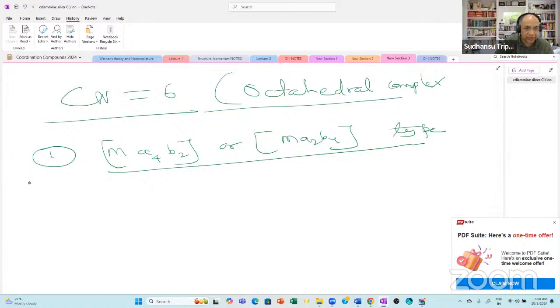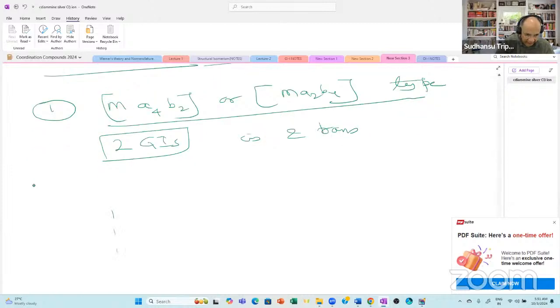So this exhibits 2 GIs. Let me count. First, write down how many GIs, cis and trans, and then draw. You need not draw unless it is a subjective question. But once you draw and try to understand conceptually, you will not make any mistake to predict.